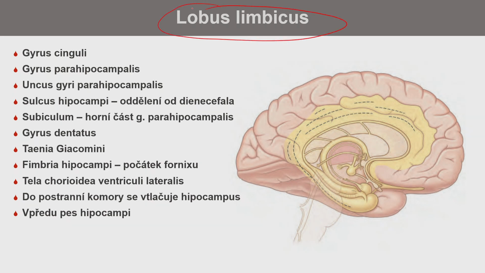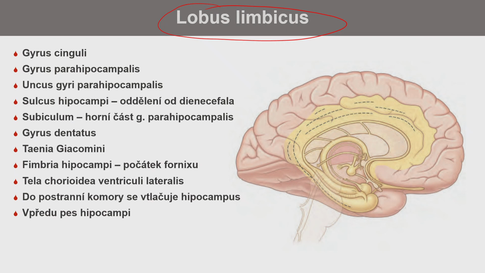The limbic system is now recognized as a complete, complex system which covers the telencephalon, diencephalon, but also some regions which are in the mesencephalon and in the region of the reticular formation. But the part which is localized in the telencephalon is called lobus limbicus, so limbic lobe.